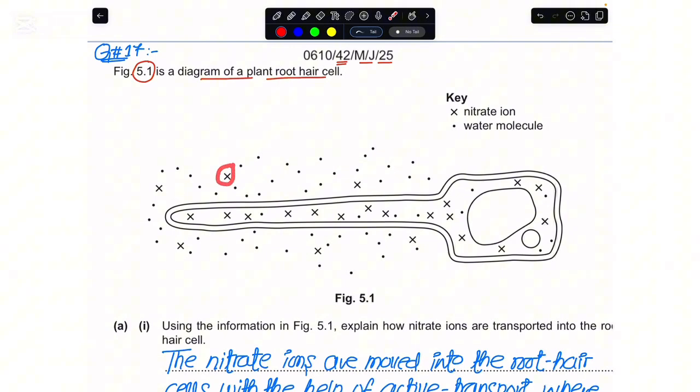So if the ions were to move into the cytoplasm and the large vacuole, what these root hair cells would do is cause their mitochondria to release energy, and that energy would be utilized to move these nitrate ions from their lower concentration in the soil to their higher concentration within their large vacuole with the help of active transport. And in doing so, these nitrate ions are being moved against their concentration gradient, and that too with the help of the proteins in their cell membranes, and they are the carrier proteins.